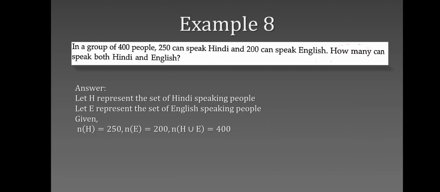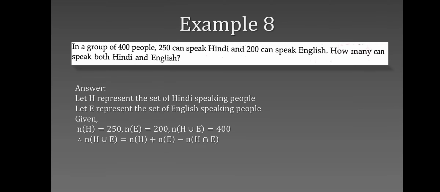So therefore that is the union. Therefore what I need to find, I need to find how many of them speak both Hindi and English. So therefore I need to find the intersection.